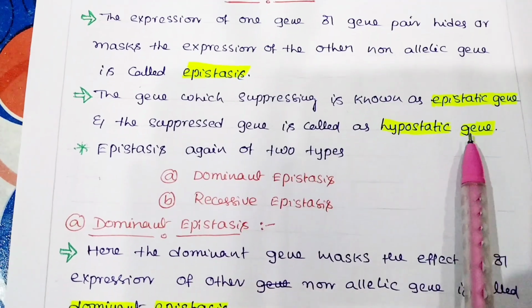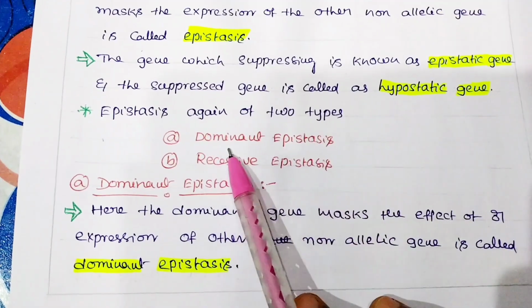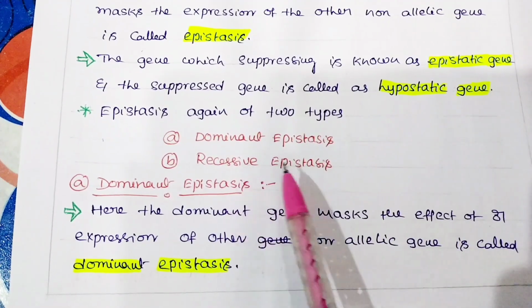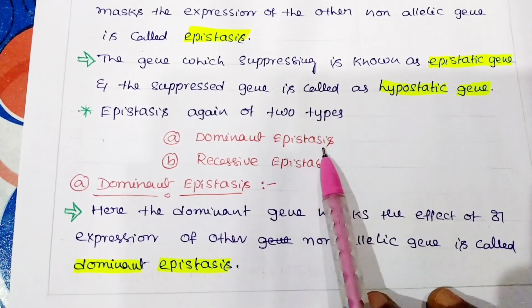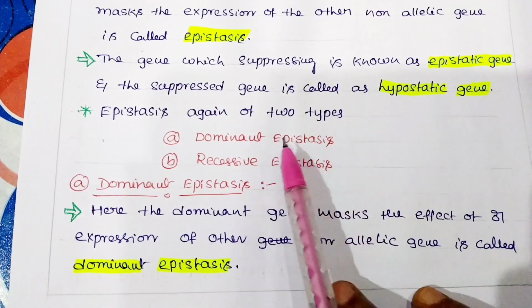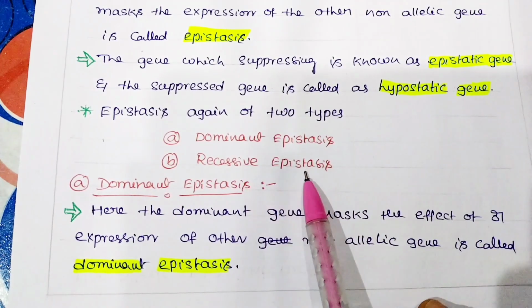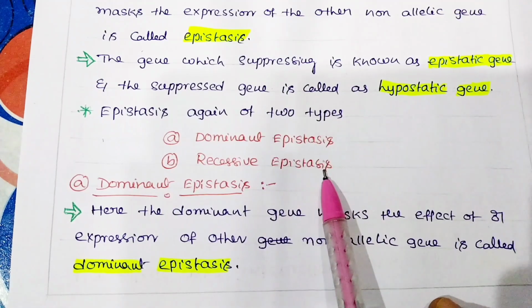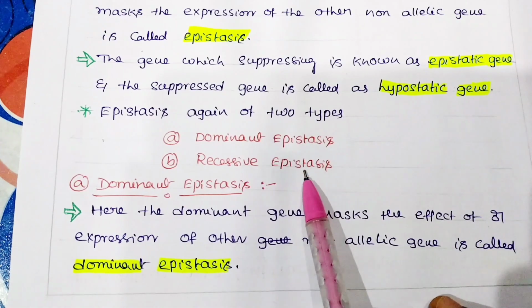Epistasis is again of two types: dominant epistasis and recessive epistasis. If the dominant gene masks the other gene, that is dominant epistasis. If the recessive gene masks or hides the expression of another gene, that is recessive epistasis.